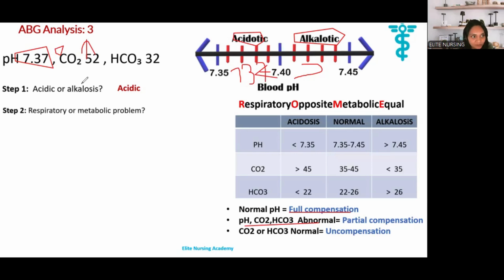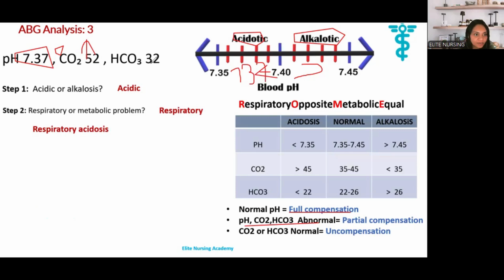Why do I say respiratory? Because CO2 is 52 and the pH is 7.37, which is going in the lower direction. So we got the match here in the respiratory system, respiratory opposite. So this is respiratory acidosis.